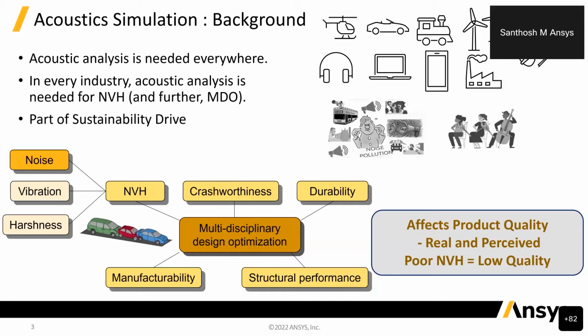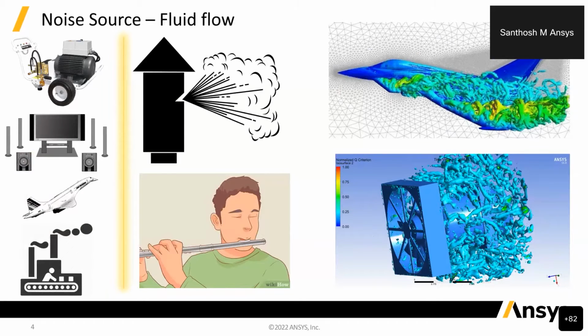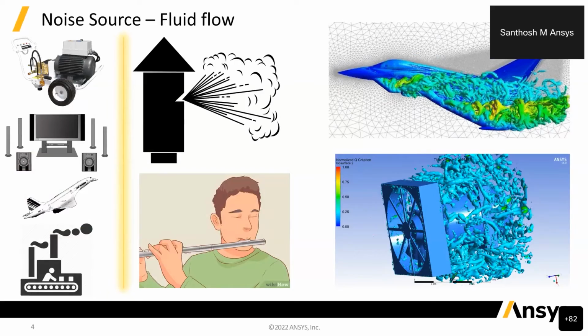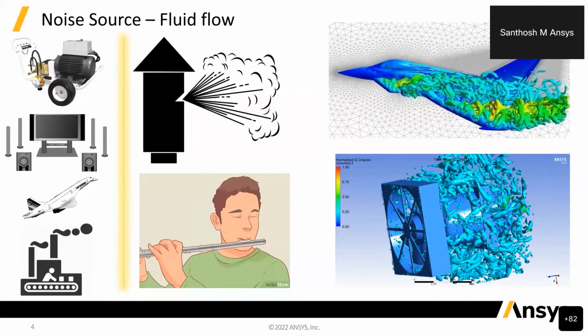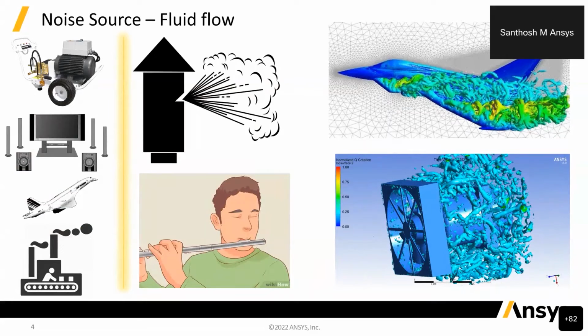Especially when we are looking at industrial products, machineries, or the wind turbine, this also becomes part of the sustainability drive in many industries. So generally, noise is produced from two sources. The first source is due to the turbulences in the flow. Across all industries, this happens.